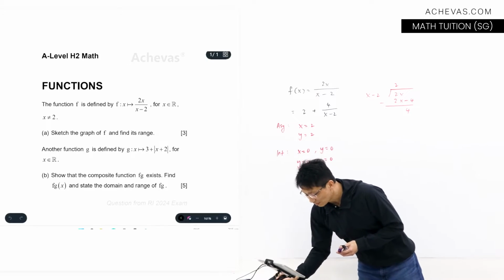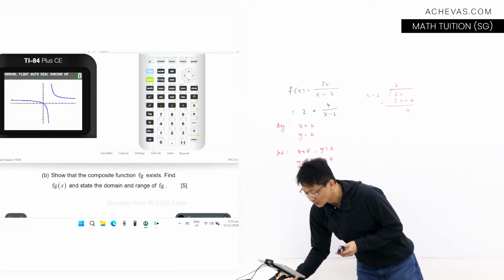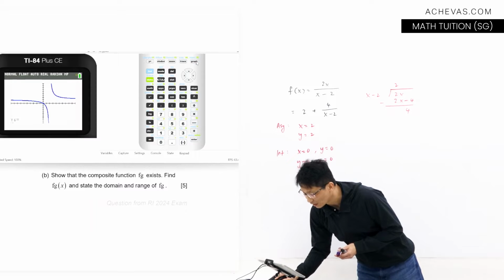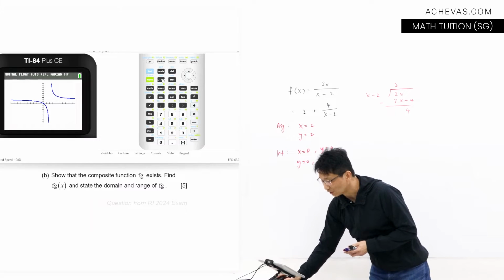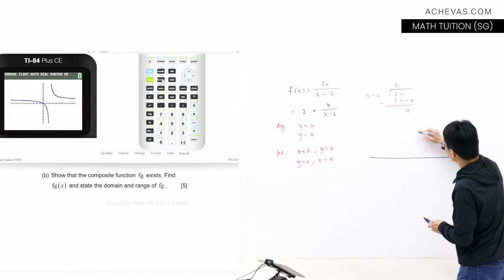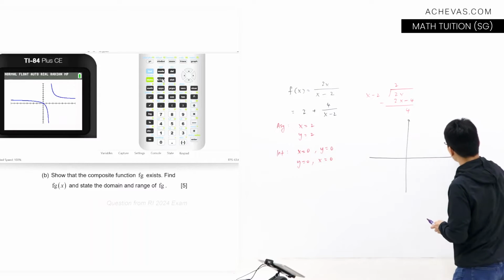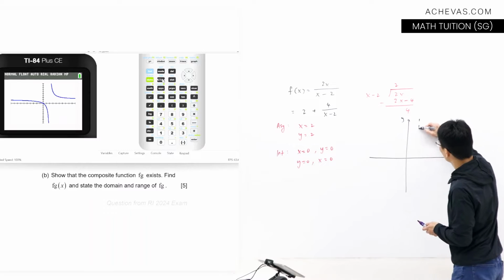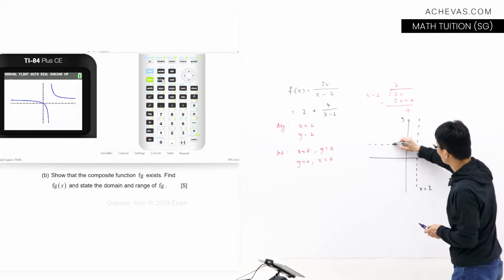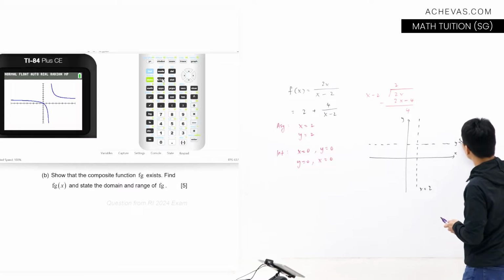From here, maybe I can just use my GC. Okay, I have already sketched it out here. So I graph the equation, and I'll get this curve. Now I can do a quick sketch. I will get my vertical asymptote here, x equal to 2, and horizontal asymptote, y equal to 2.